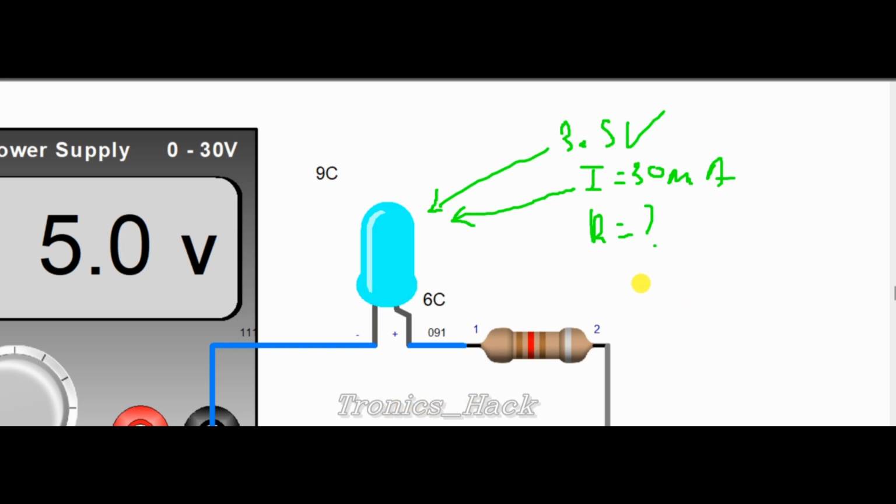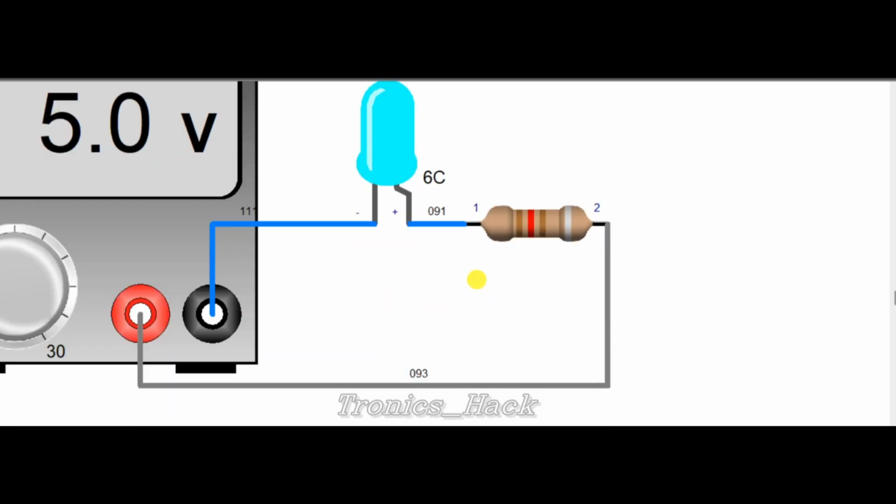So the formula, Kirchhoff's law, says that if I have 5 volts, 5 volts minus V LED, the one that I showed you before, minus I LED times R gives me 0. The manufacturer gives me V LED and I LED.